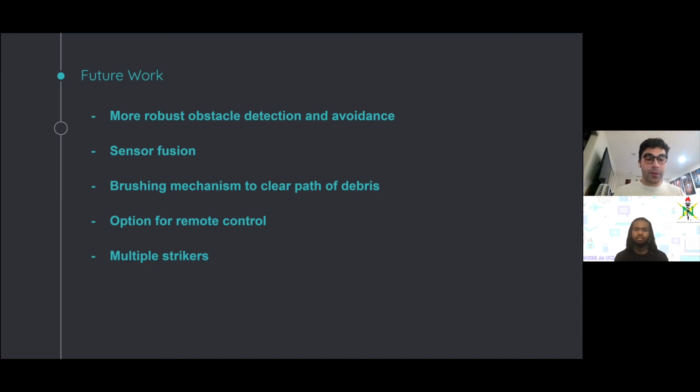And also something that we thought about was to implement multiple strikers, and we would have to do analysis on whether or not this actually would be more effective and if it would allow us to cover more area and more accurately. But yeah, that's something interesting that we were thinking about and we would have liked to analyze if given more time.